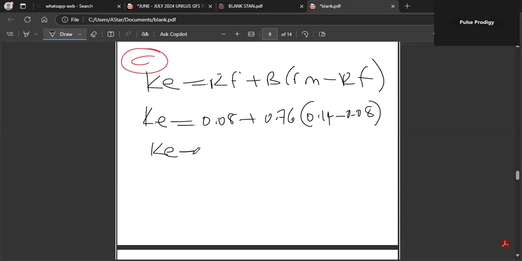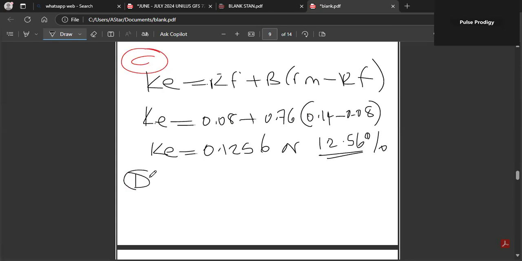So 0.14 minus 0.08, times 0.76, plus 0.08. It's giving us 0.1256 or 12.56%.